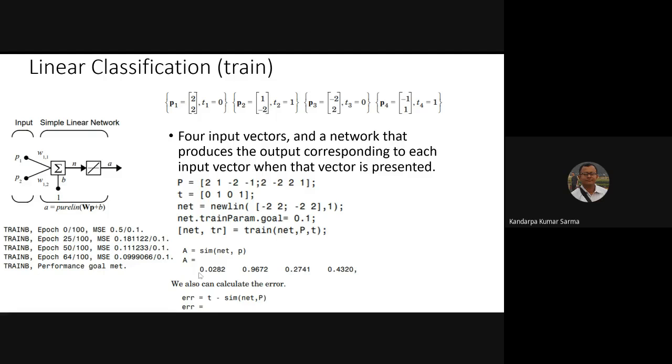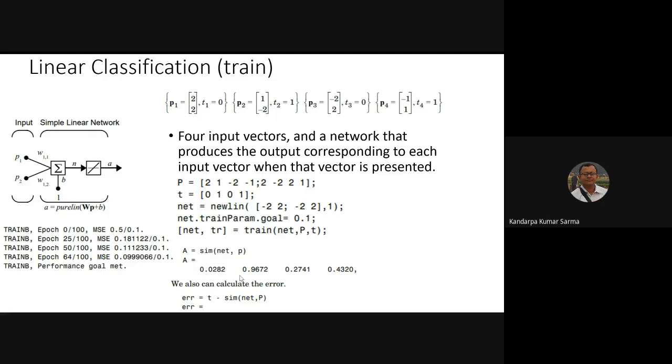Once we do that, to see the result from the system, we can write sim bracket net comma p. That means we use the trained variable net and give the pattern vector p. We'll find that particular result coming out.